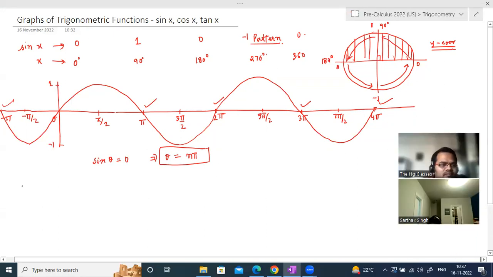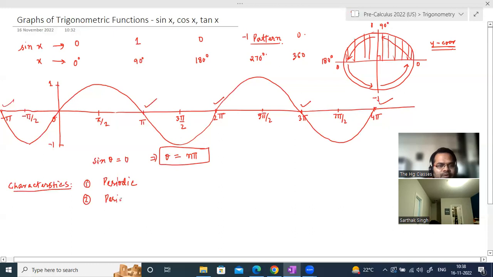What are the characteristics here? Some observations. It's repeating infinitely. Very good. And what is that technically known as? Periodic function. Periodicity. So the first characteristic is that the function is periodic. The second characteristic: what is the period value?